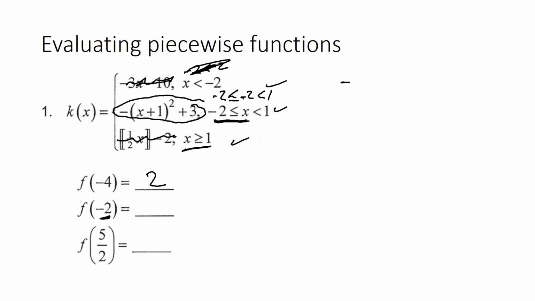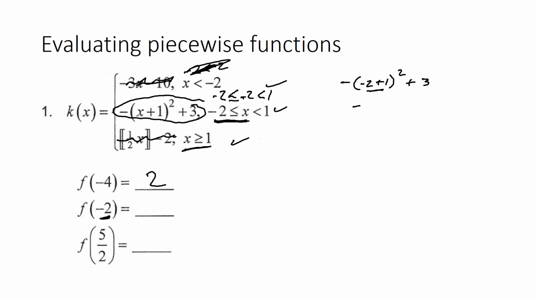So we would say negative x plus 1, but for x we're using -2. So it will be negative of -2 plus 1 squared plus 3. -2 plus 1 is -1.